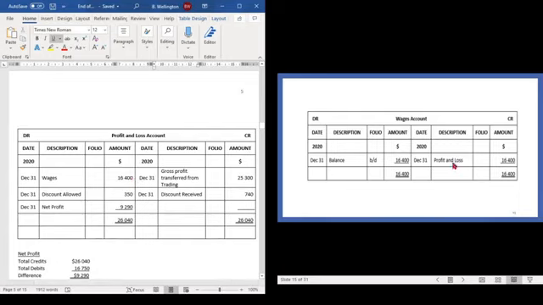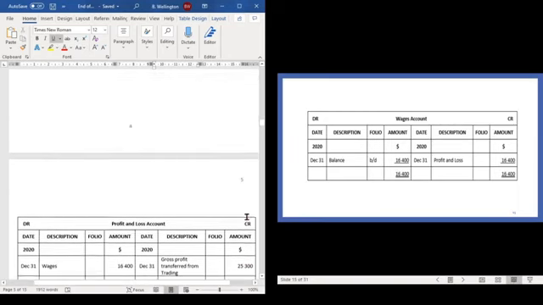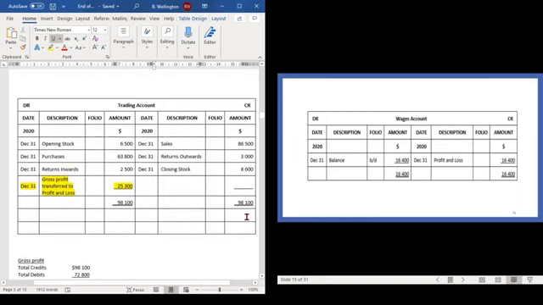So that completes the double entry. And you see that your wages account now is balanced. There is no balance on it. No balance being carried down. It is balanced. Okay? Now let us look at how we balanced the trading account.